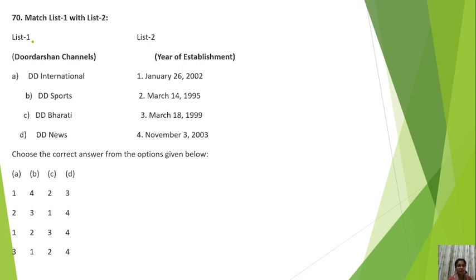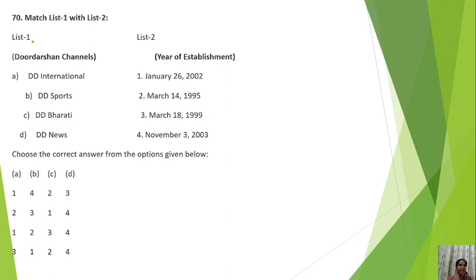The next is Doordarshan channels and their year of establishment: DD International, DD Sports, DD Bharati, DD News. On the right hand side, you have the year of establishment. It is difficult to remember these exact dates, but if you have to crack the exam, you need to remember this.